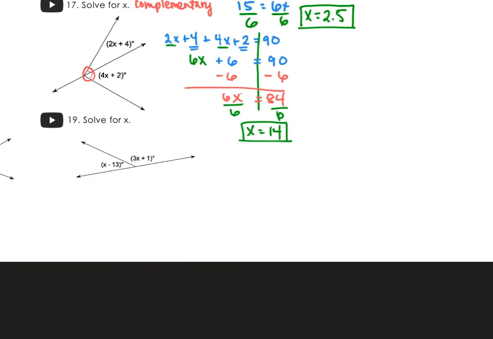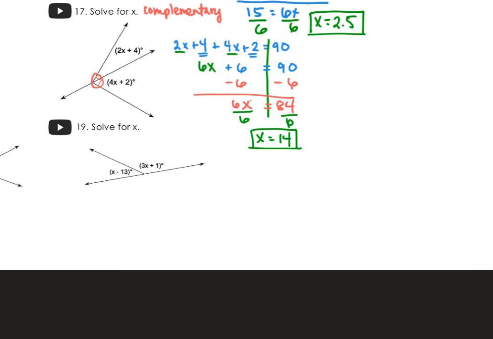All right, last one, number 19. This is a linear pair, or we can say that they are supplementary. And we know that supplementary angles have a sum of 180 degrees, which means we're going to add them. So x minus 13 plus 3x plus 1 equals 180 degrees. Now we solve.